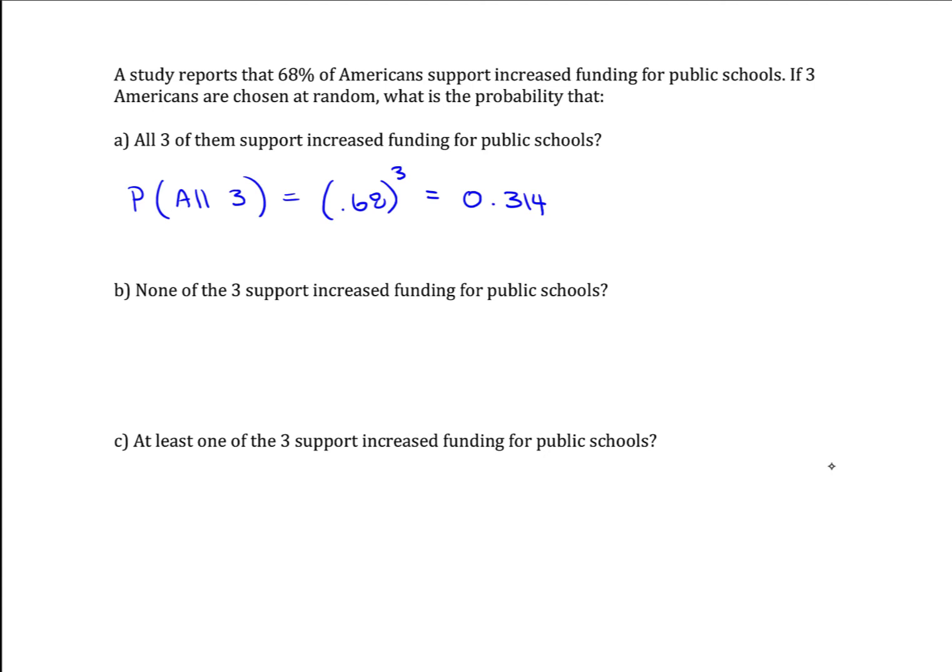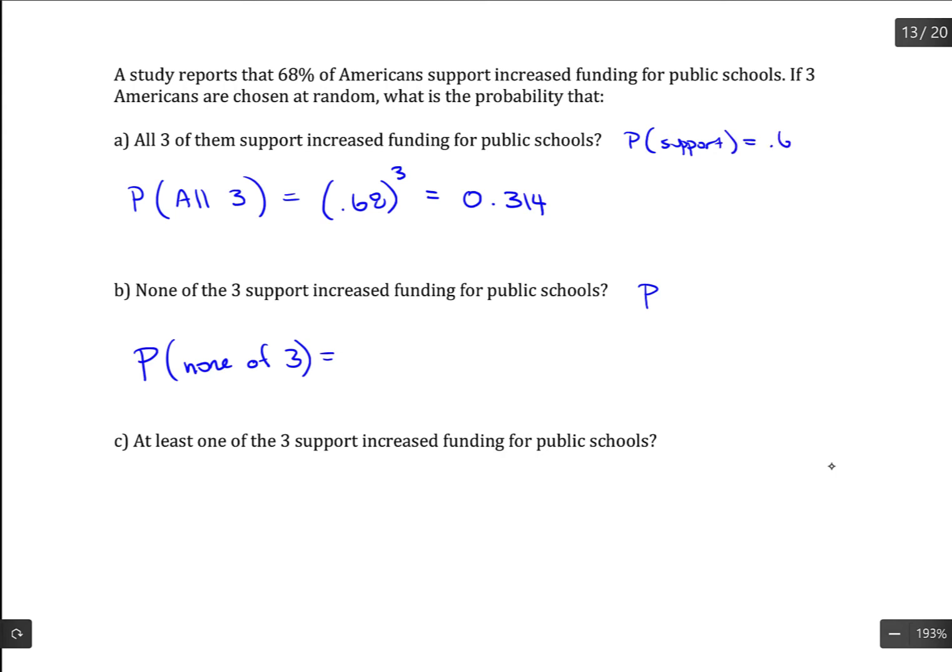What's the probability that none of the 3 support increased funding for public schools? What we have to do first is decide that the probability that someone does support increases in public funding is 0.68, and the probability that somebody does not support that is 1 minus 0.68, which is 0.32.